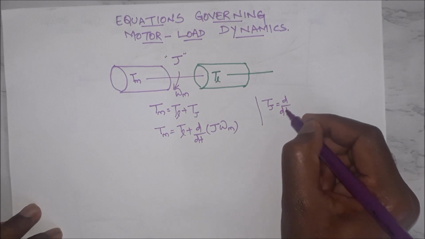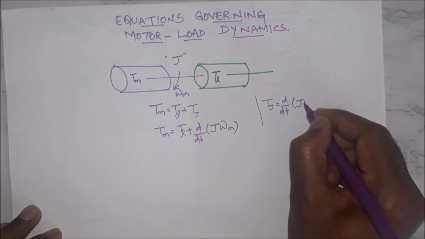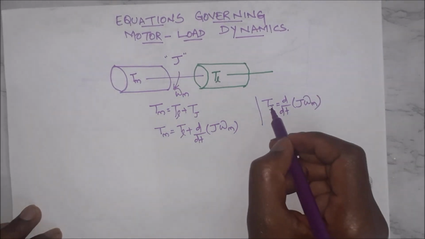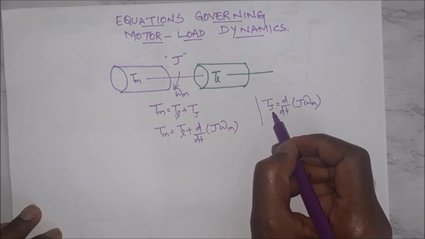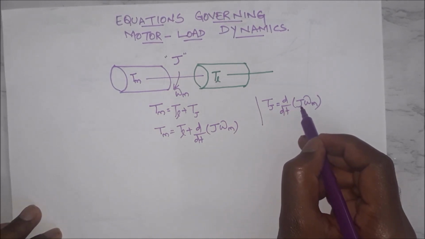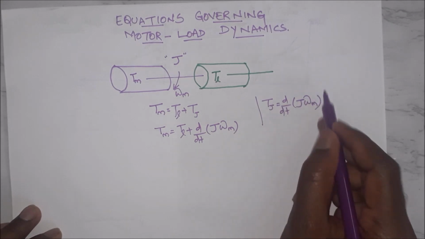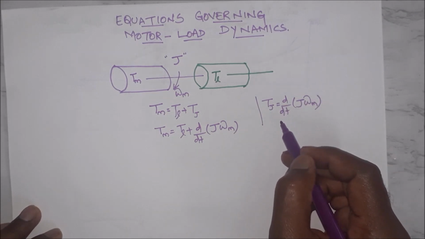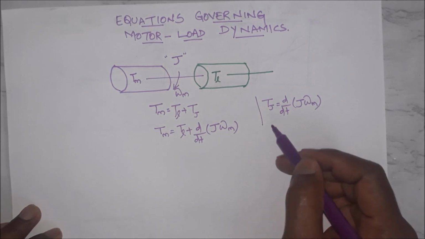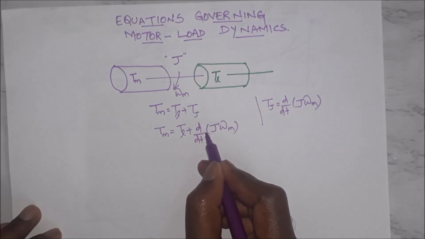The torque due to inertia is given as the rate of change of the product of the moment of inertia and the angular speed, which we might have studied in our fundamentals of physics in 11th or 12th grade. So by using this, we have written this here.